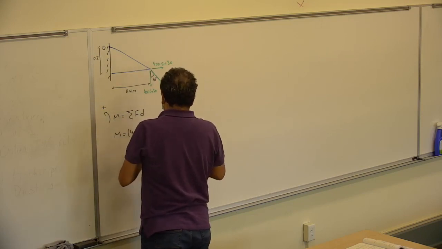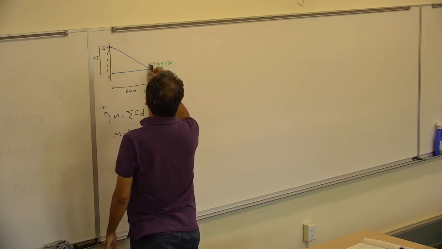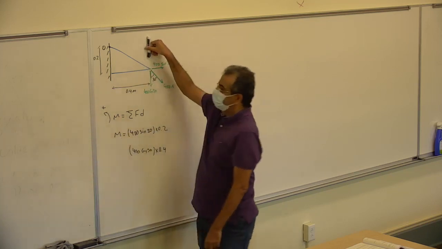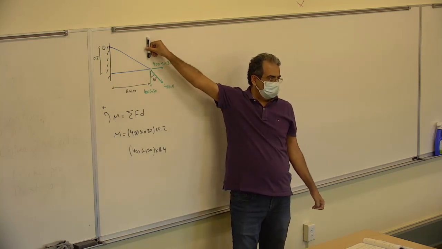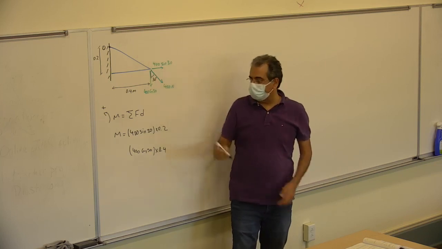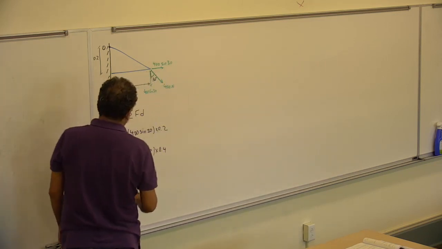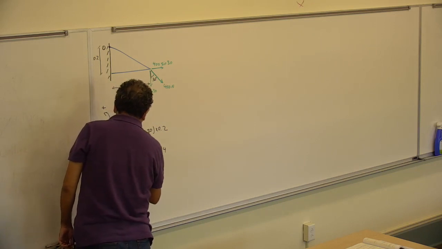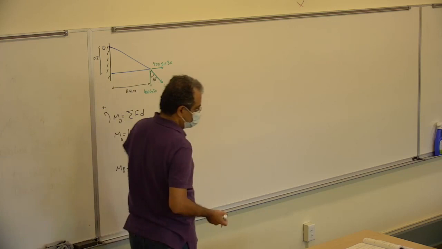Would that be a negative 0.4? That's my next question. If I bring it here, clockwise or counterclockwise? Clockwise, so it's going to be negative, so I will put the minus. Then M about point O, add them together.